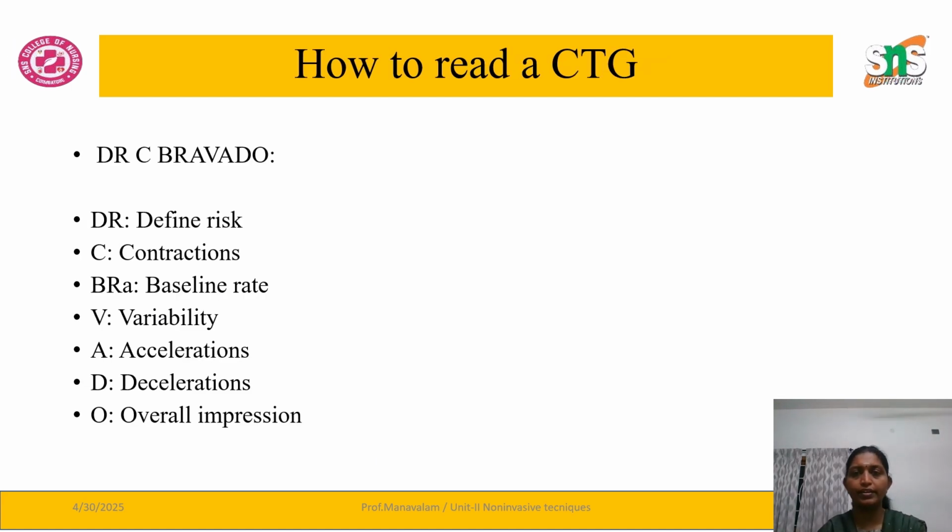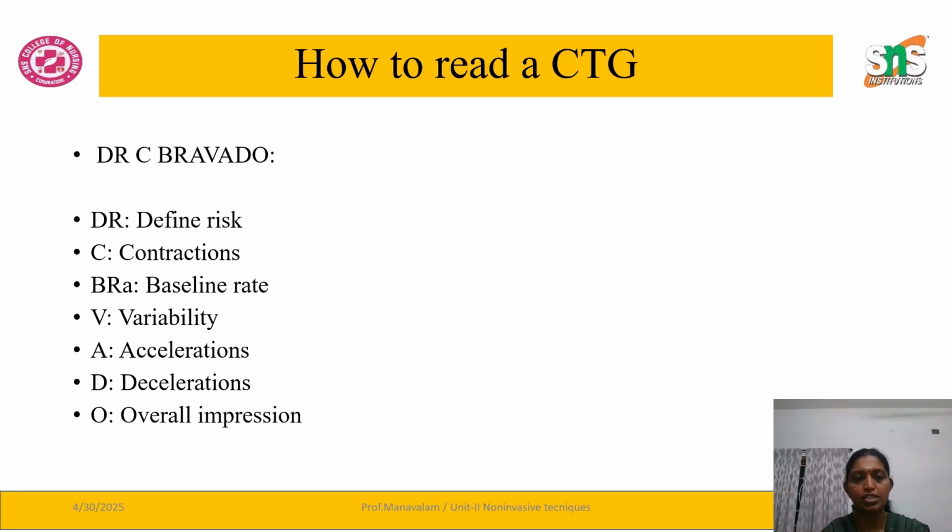So how can we read the cardiotocography? There are different parameters mentioned on the graph sheet. We can remember them by the commonly used acronym DR C BRAVADO. DR stands for defining the risk factors of the fetus.